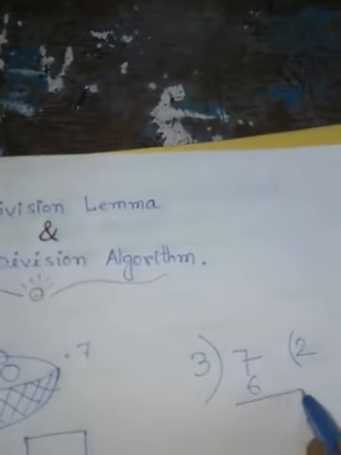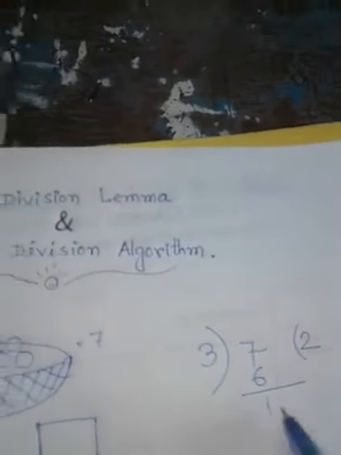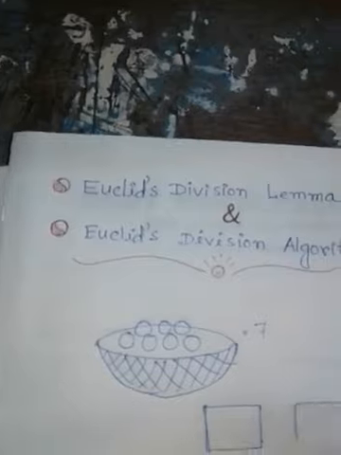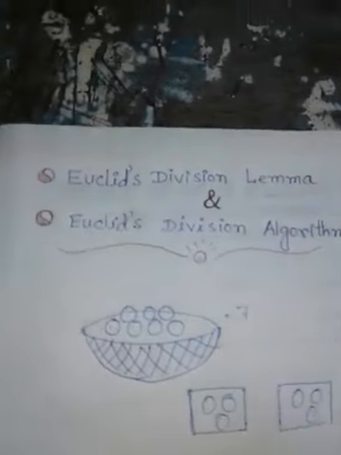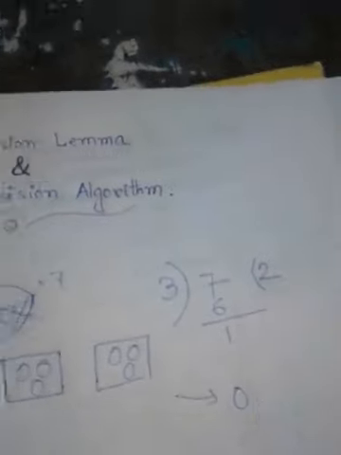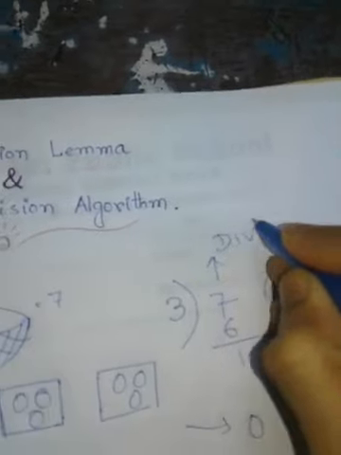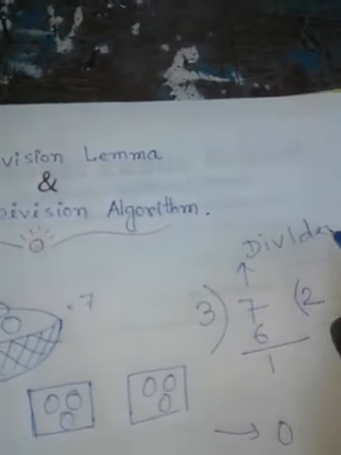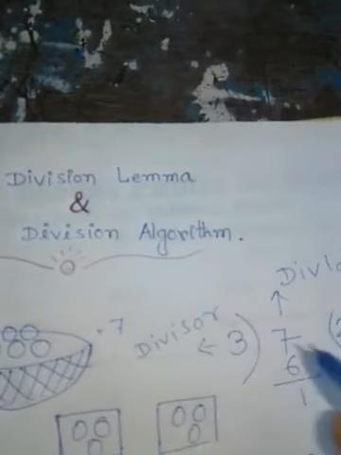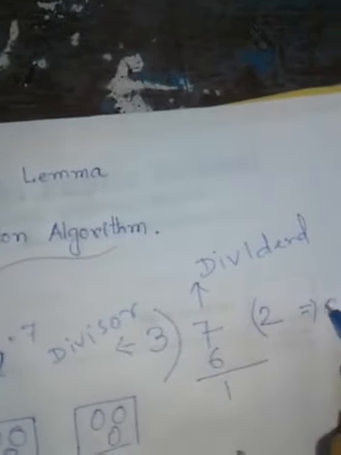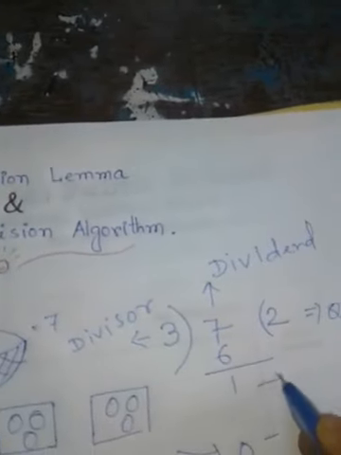After division, we see that 2 boxes are needed and 1 orange is left out. Here 7 is the dividend, 3 is the divisor, 2 is the quotient, and 1 is the remainder.